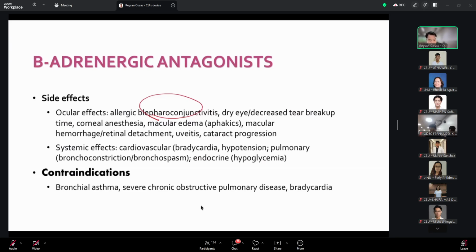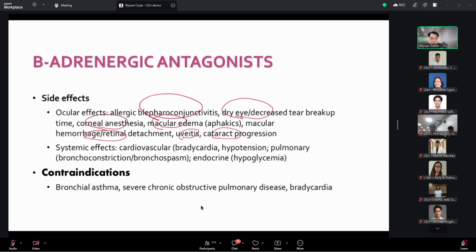Ano pa? Others include dry eyes or decreased tear break-up time, corneal anesthesia, macular edema, macular hemorrhage and retinal detachment, uveitis, and cataract progression. When beta blockers are given by topical route, again, kahit topical yan, the possibility of systemic beta receptor blockade must be considered.